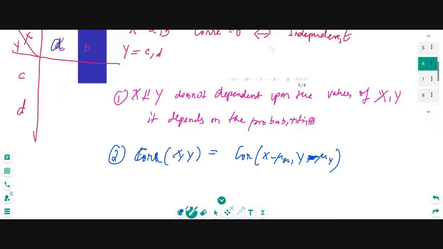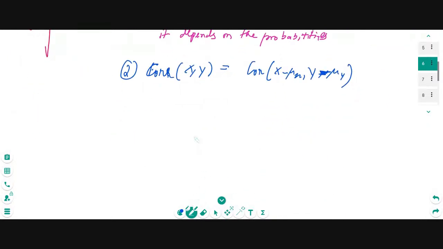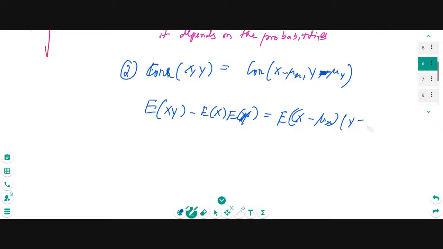All of you? It's very simple to understand why. Let's prove this. Because expectation of XY minus expectation of X into expectation of Y is the same as expectation of (X minus mu x) times (Y minus mu y). So mathematically these two are equal.